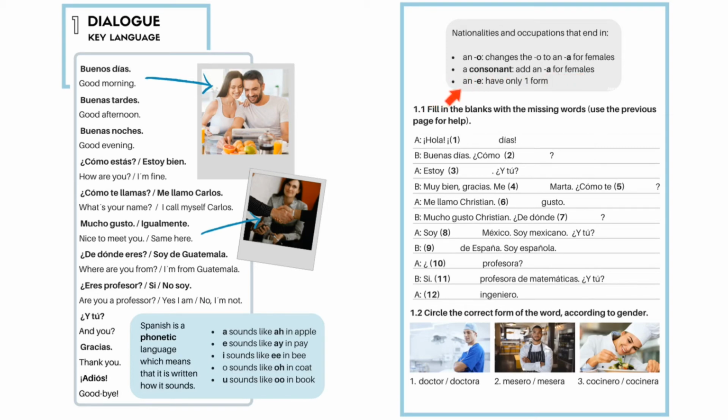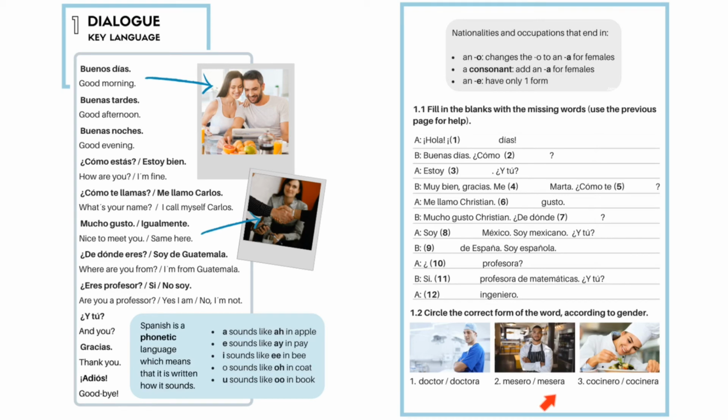And then you'll notice a third set that end in an E, and they only have one form. They're gender neutral. So we'll see this throughout the workbook. There's a couple examples at the bottom. Doctor, doctora is an example of it ending in a consonant.